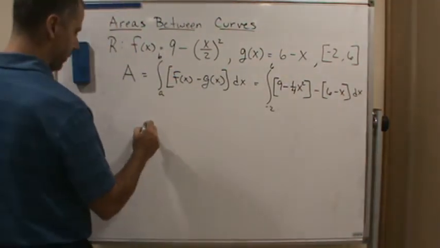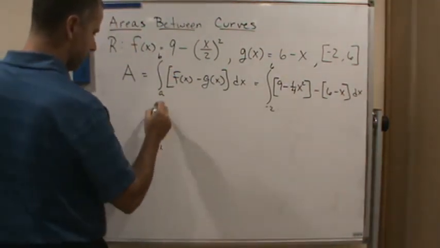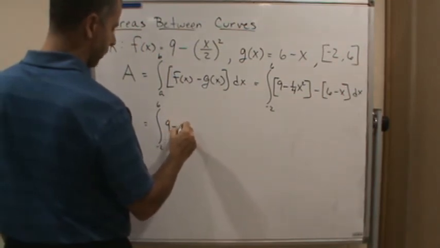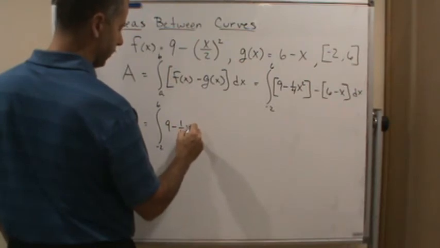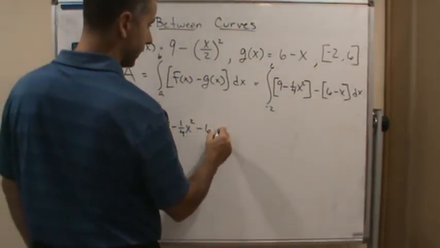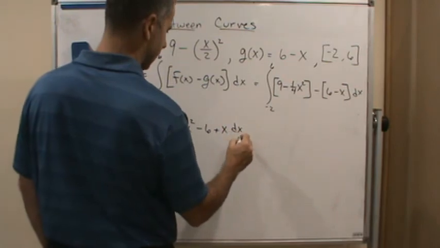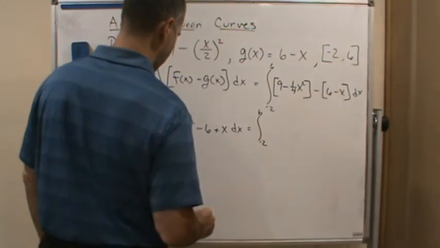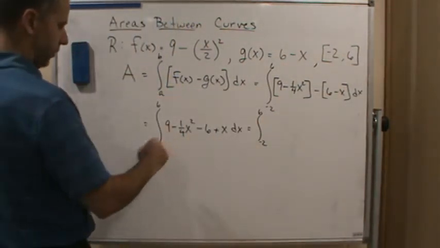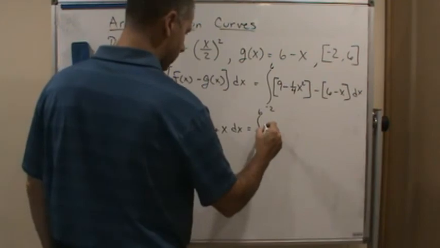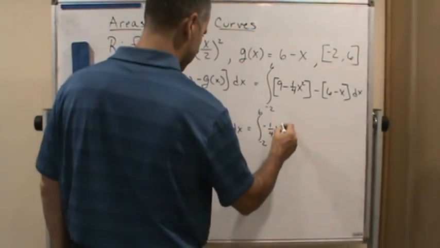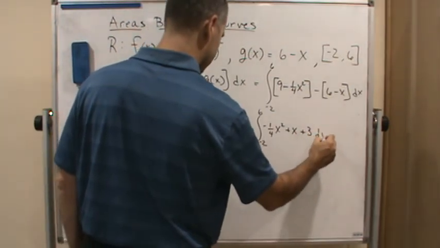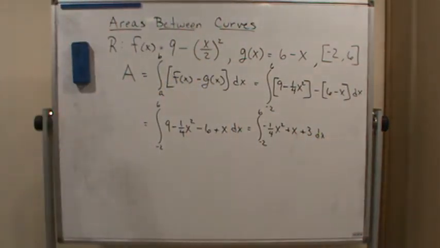So what I'm going to end up with is the integral from -2 to 6 of 9 minus 1/4 x squared minus 6 plus x dx. And of course, if I simplify this, I'm going to get negative 1/4 x squared plus x plus 3 dx. And of course, I can integrate that term by term.